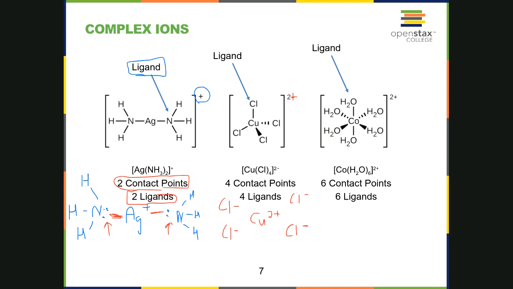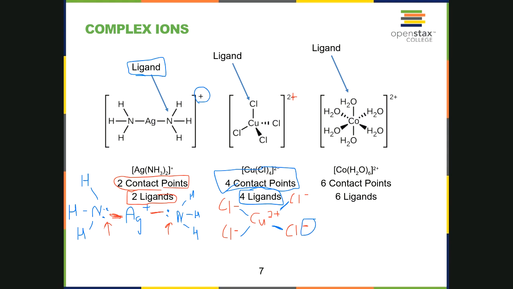And now we're going to be getting coordinate covalent bonds between them, where the copper is short by 2 electrons and each chloride has 1 additional electron. So that forms what we see here above it. We've got 4 ligands, 4 chlorides, and we've got 4 contact points because each chloride has those additional electrons.